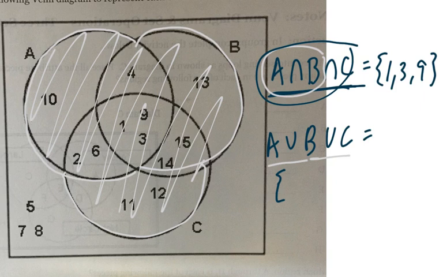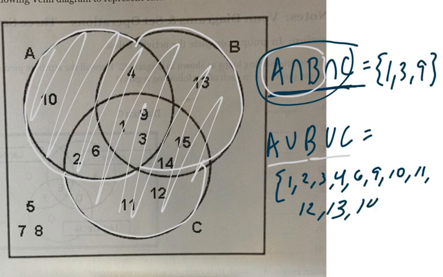Essentially, it's everything in the universal set except for 5, 7, and 8. And our universal set was the numbers 1 through 15. So I'm just going to write 1 through 15, but not include 5, 7, and 8. So 1, 2, 3, 4, 6, 9, 10, 11, 12, 13, 14, 15. And that is the union of our three sets.